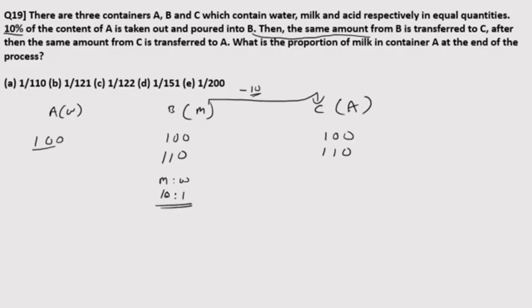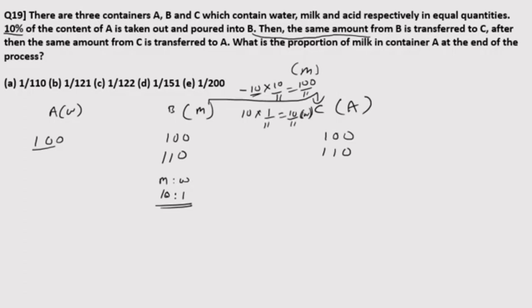In those 10 liters, milk will be how much? Milk will be 10 by 11th part of it, that is 100 by 11 part will be milk, and water will be 10 into 1 by 11, this is 10 by 11. This is water, right?